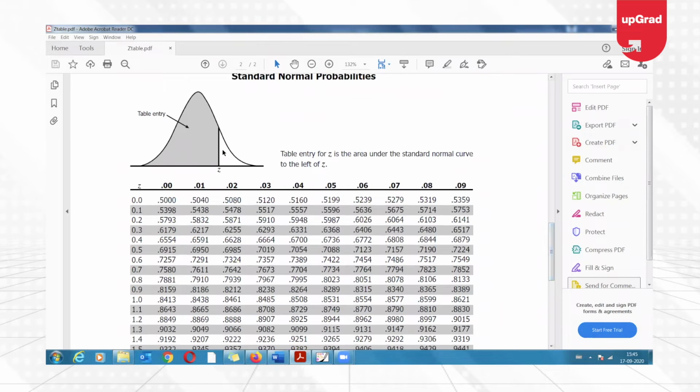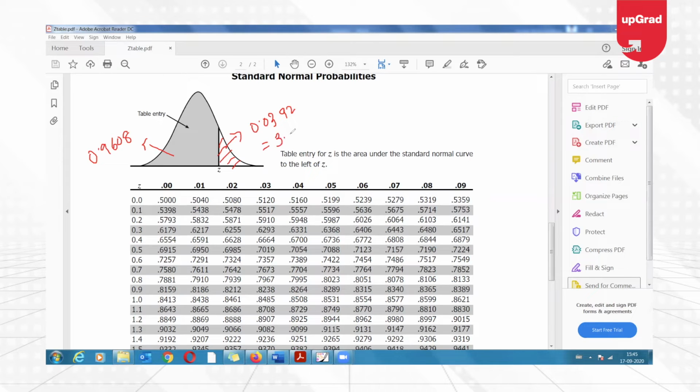However, we need this region because we are looking at greater than 3176. So this region is 0.9608, so this region is 0.0392.